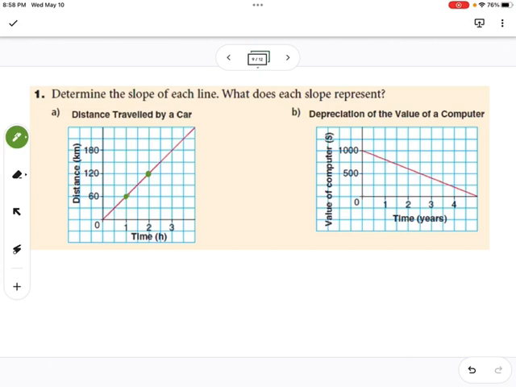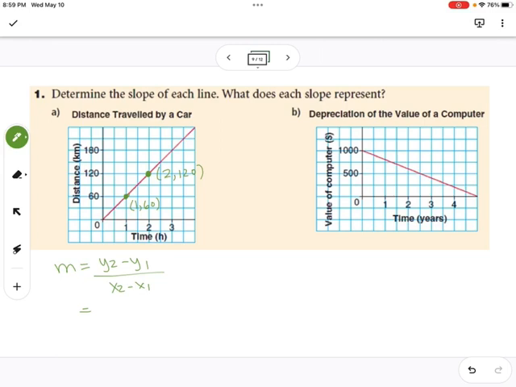So picking these points here, the first point is 1, 60, and the second point I chose is 2, 120. So our slope we call m, y2 minus y1 over x2 minus x1. Okay, so the bottom point is my x1, y1. The top point is my x2, y2.